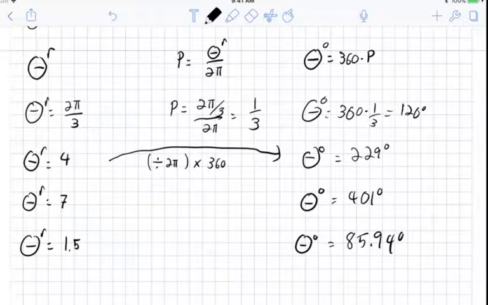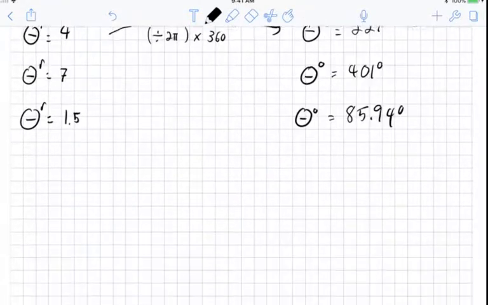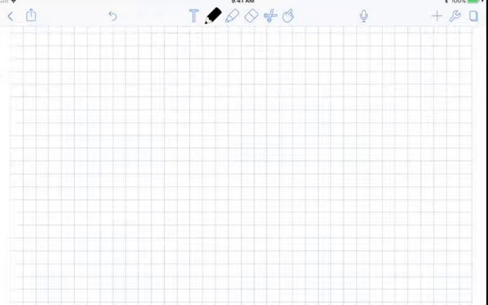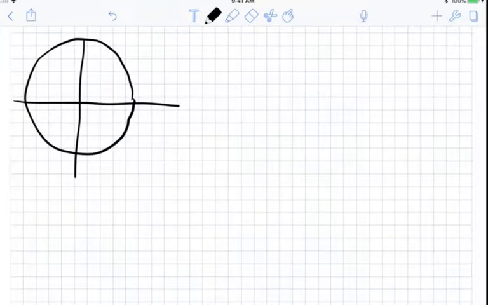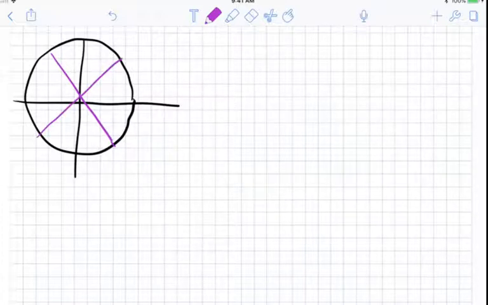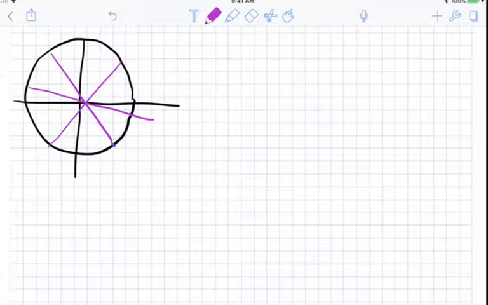So let's start by talking about what radian degrees measure. Ordinary degrees work like this. What you can do to measure things out in ordinary degrees is take a circle, divide it into 2 pieces, 4 pieces, 6 pieces, and then divide each of these by 60.